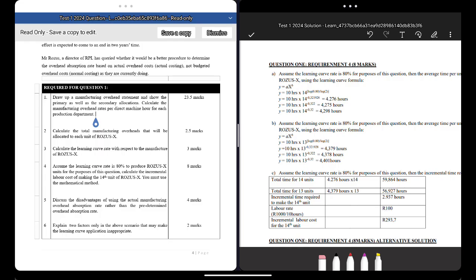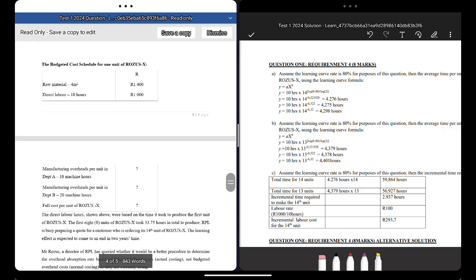Now, why are we multiplying with 100 rand over here? See what the question wants, total cost. We here got only hours. Somehow we need to get it to a rand figure. So if the total is 2.937 hours, we need to calculate the cost per hour. Be critical about it.